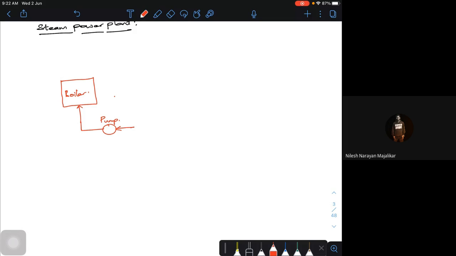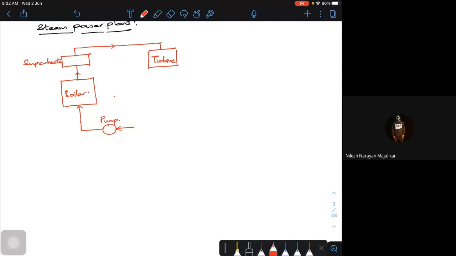Now from the boiler, what will happen? It goes to the superheater. Then from the superheater, it will go to your turbine.